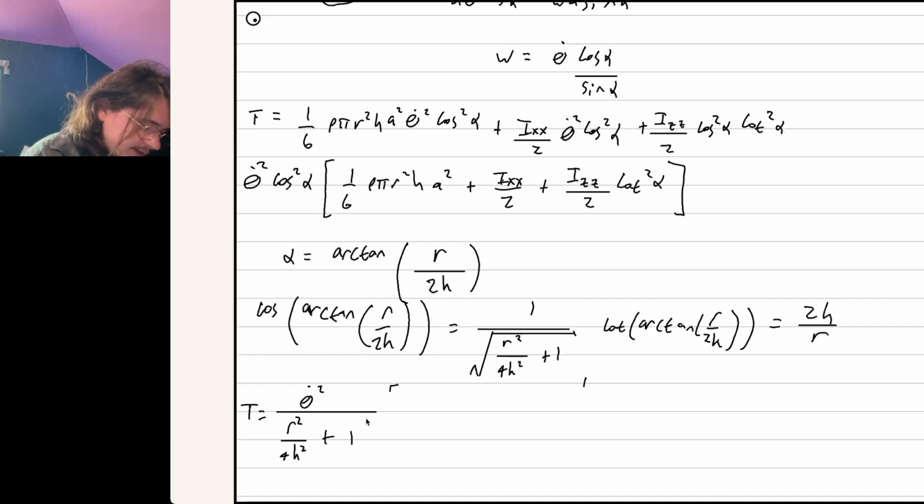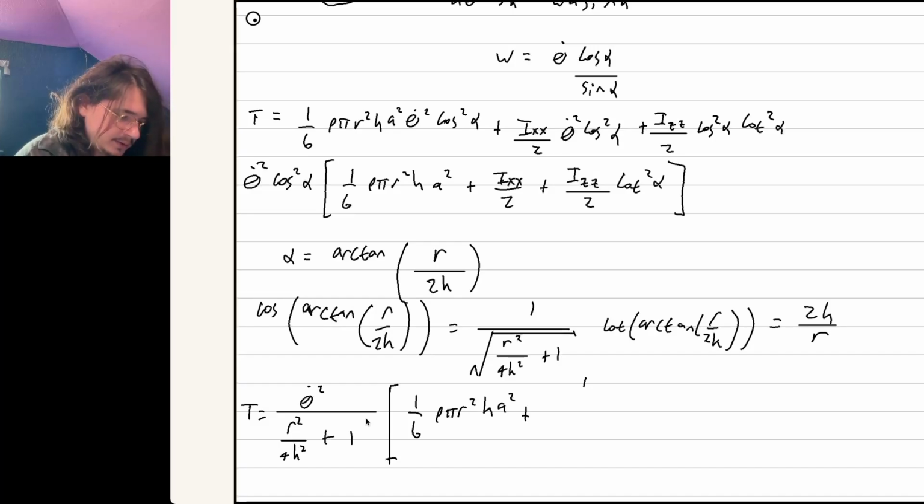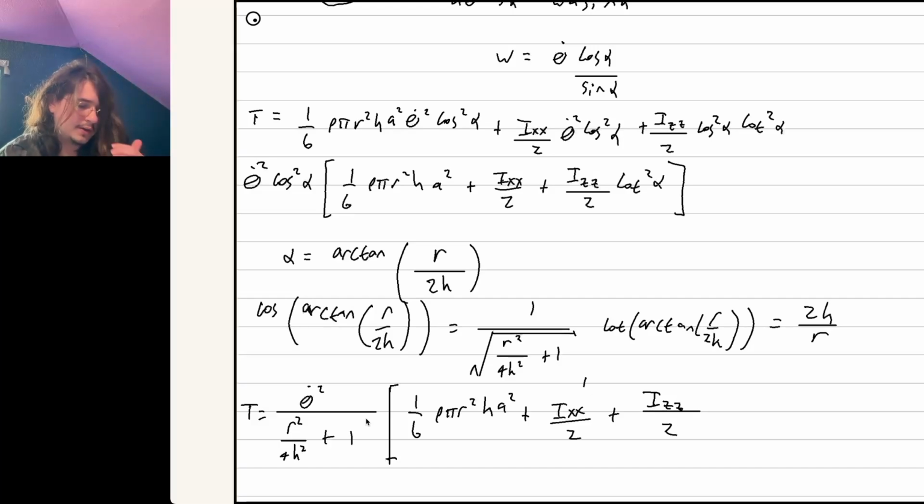All of that times 1/6 rho pi r squared h a squared plus Ixx over 2 plus Izz over 2. And then cotangent squared is going to be 4h squared over r squared. Okay.